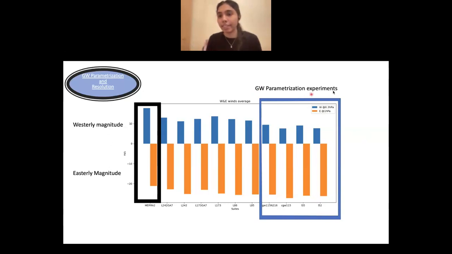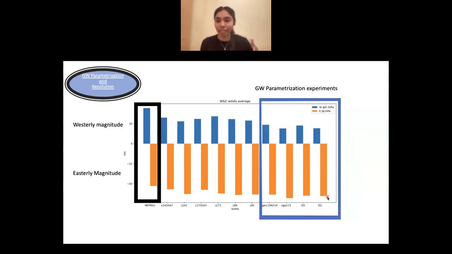First we will focus on the gravity wave parameterization experiments, which are on this right-hand side. Here I have tried changing the Wavell star, or the magnitude of the spectrum that is dispersed, etc. But as you can see, most of the westerly winds are still in the lower half of the magnitude, and the easterly winds are also not improving.